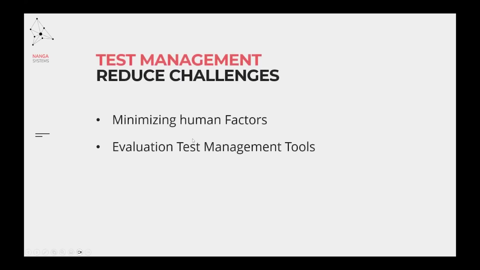But there are also some challenges, and reducing the challenges is truly also important. One of the primary challenges is the potential for human error, especially during manual handovers for test and validation. These errors can lead to overlooked issues and compromised quality. Test management software mitigates this risk by leveraging automation to reduce human error.